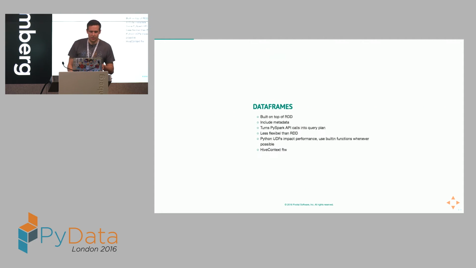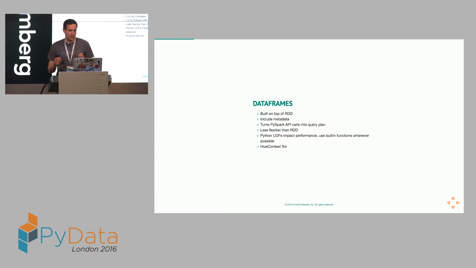The other important data structure is data frames. Data frames are collections of rows with a schema, and for the most part, these are kept within the JVM. So they have a very large performance advantage over using RDDs with PySpark. The notable exception is if you're using Python UDFs, so you should always use native functions whenever possible.